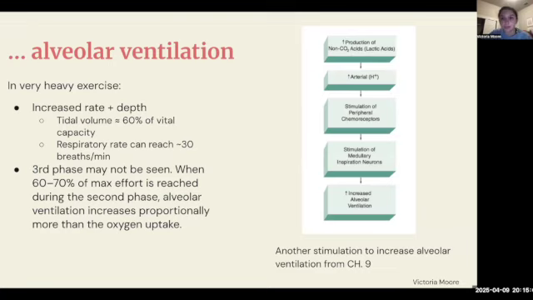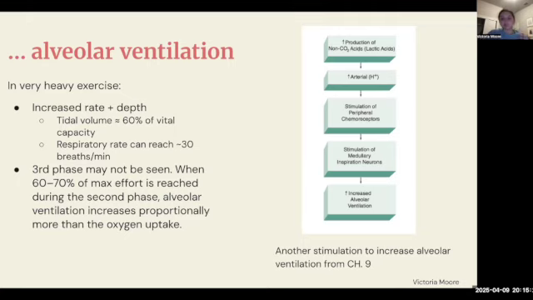So when you hit around 60 to 70% of your maximum effort, your ventilation starts increasing even more rapidly, faster than your oxygen needs. And this will lead to a buildup of lactic acid in your body.